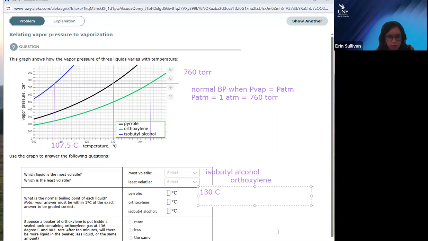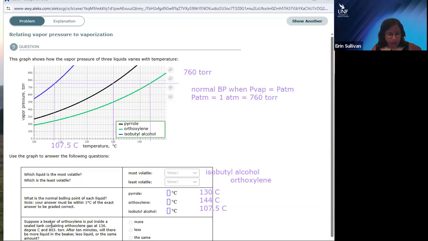Orthoxylene, we read off as being about 144, I believe. And then the isobutyl alcohol as 107.5. So obviously, if it was a different altitude, atmospheric pressures could be different, but we're talking normal atmospheric pressure.